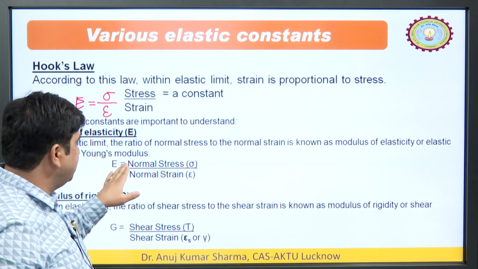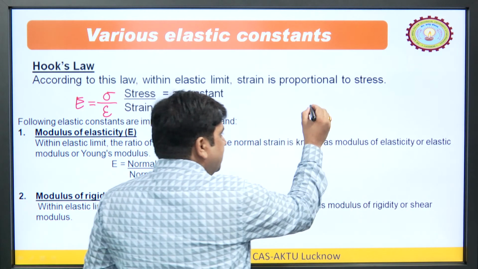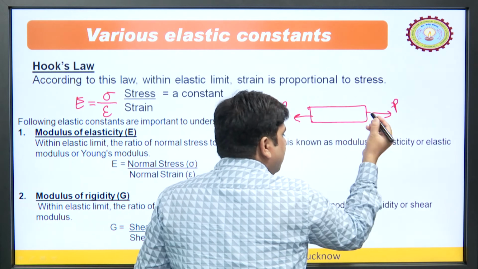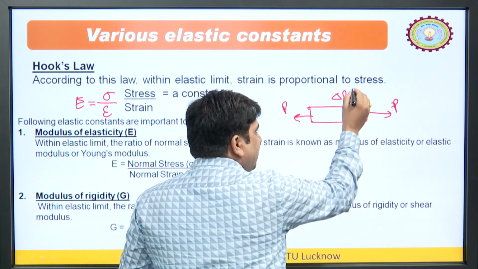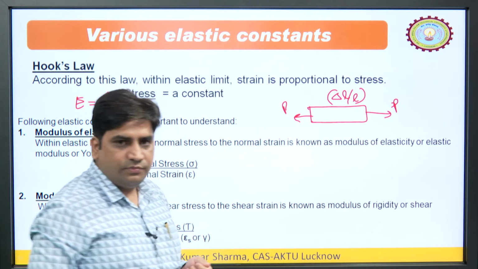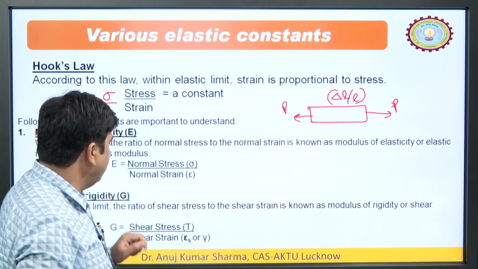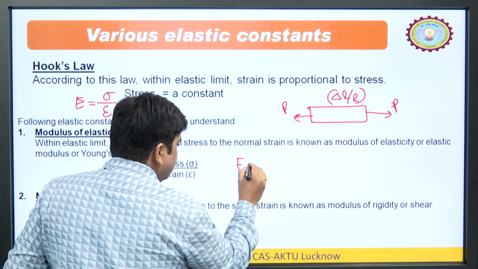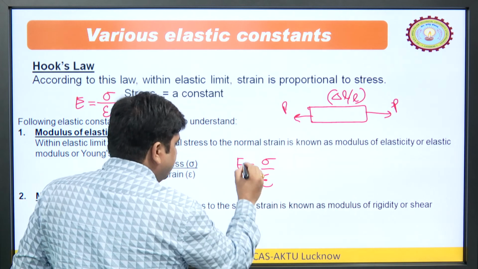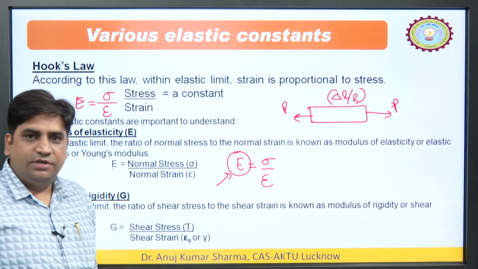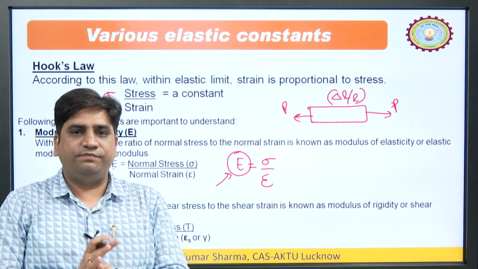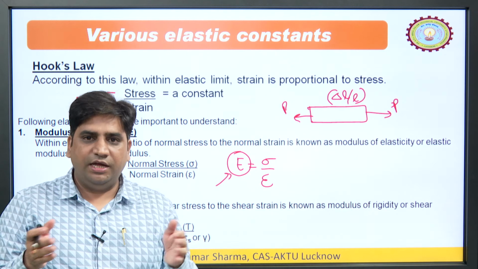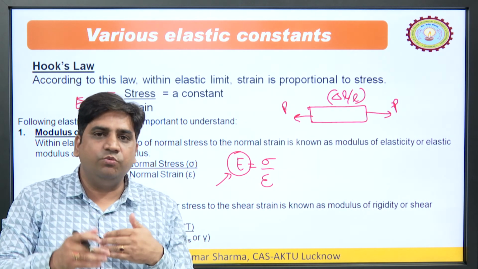So, modulus of elasticity means, let us say this is the object and we stretch it by applying some force, and delta L upon L is the strain. According to Hooke's law, E is equal to normal stress upon normal strain. So, E is the modulus of elasticity, and this represents the speed of elasticity, meaning how fast the material can get its original shape upon the removal of the load.